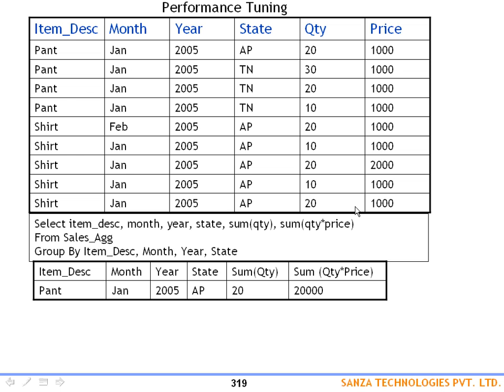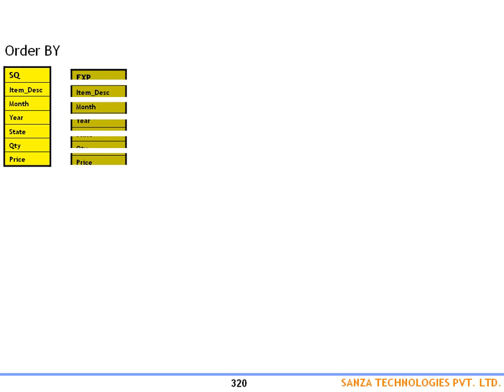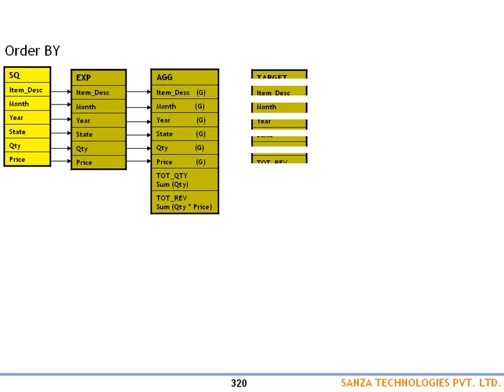Then how does it work? Assume that this data is in the cache. Order by based on item description, month, year and state. You get the data: PAN January 2005 AP, PAN January 2005 Tamil Nadu. It will do the order by. I'll show you in the mapping.